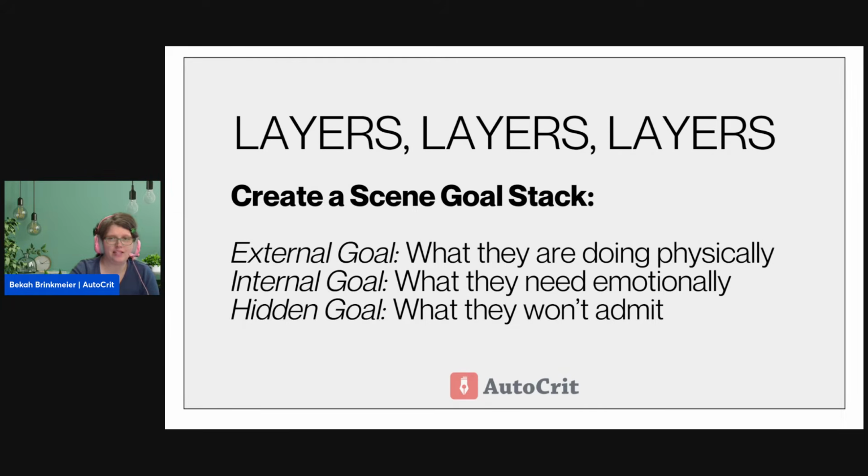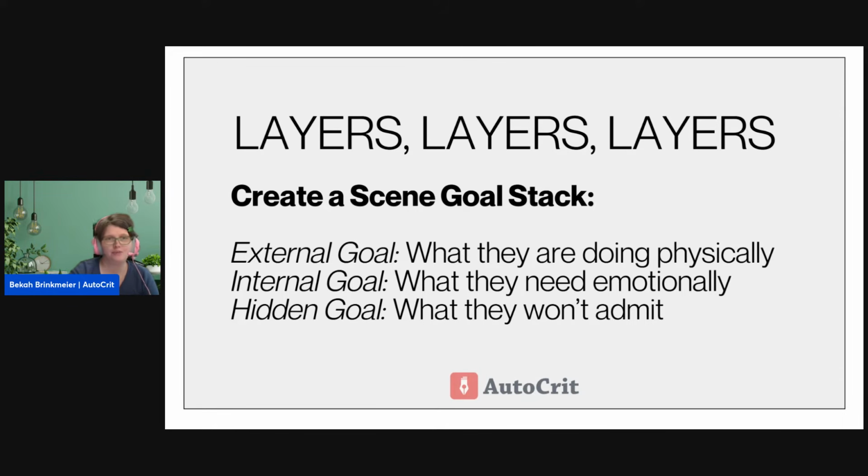All right, let's go back to our layering. Remember, we want to create a scene goal stack. Say that 5 times fast. You can stack your goals like your external goal, which is what they are doing physically, with your internal goal, which is what they need emotionally, and then their hidden goal, which is what they won't admit. When you create this delicious little stack, then conflict becomes so much more interesting because the goals are clashing internally.